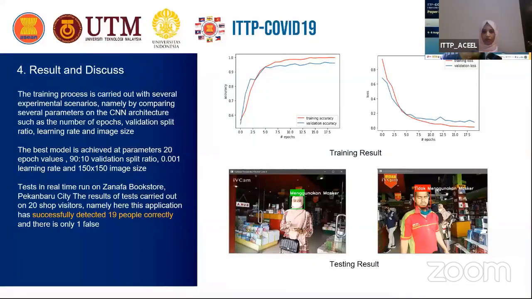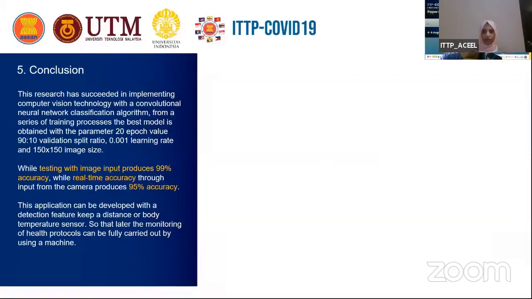And the last is conclusion. The research has successfully implemented computer vision technology with a convolutional neural network classification algorithm. From a series of training processes, the best model is obtained with 20 epochs, a 90 by 10 validation split ratio, 0.001 learning rate, and 150 by 150 image size.